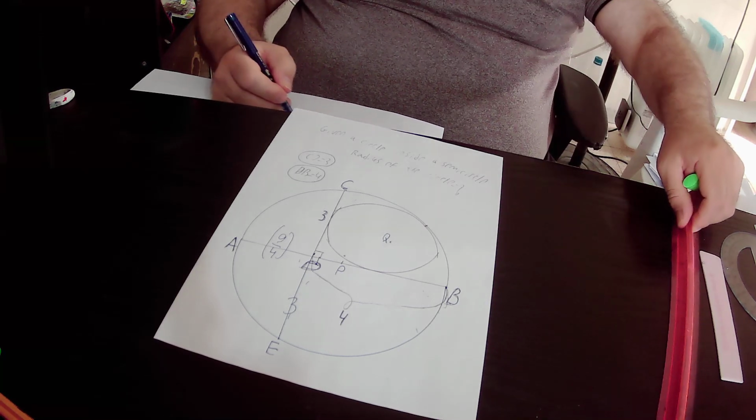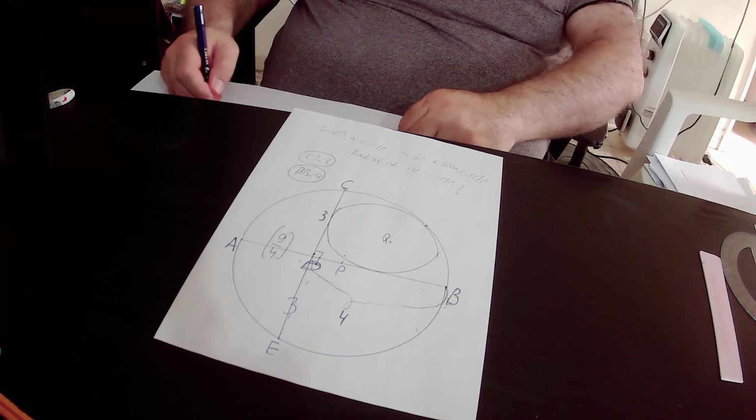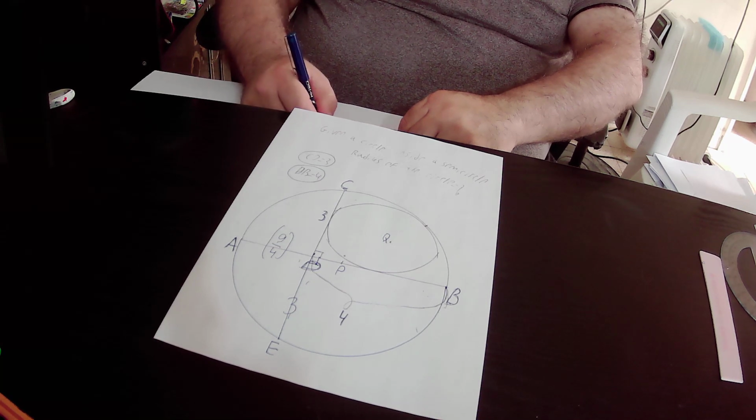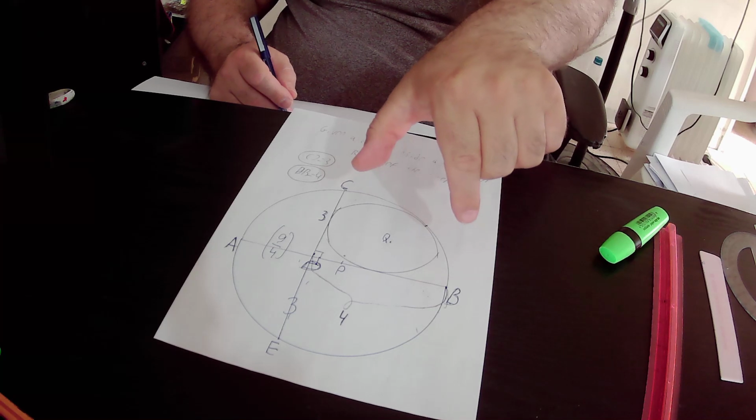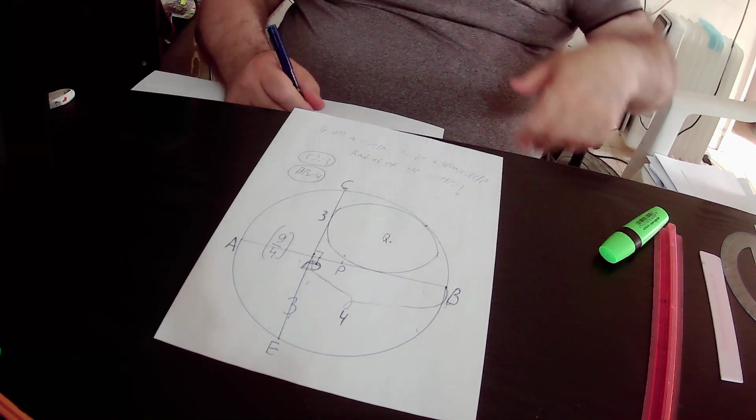What is the length of line segment DP? From the drawing, it is very easy to see that DP equals DB minus PB.